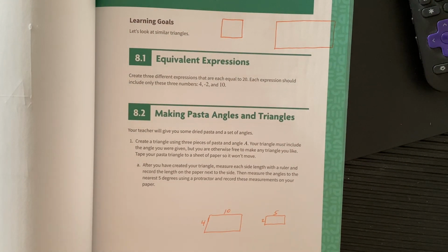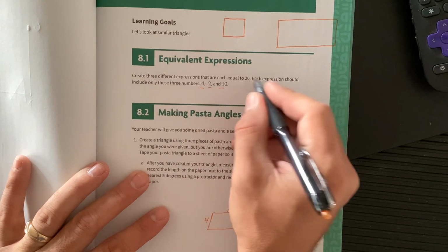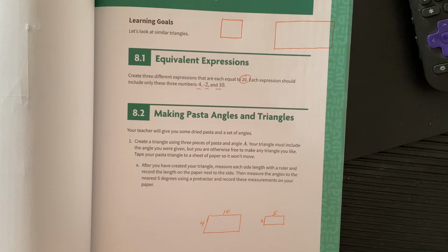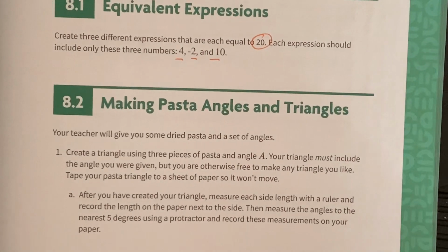All right, 8.1. Again, talking about similar shapes. We're going to concentrate on triangles today. The first question is a review from kind of order of operations. It says, can you use 3 numbers and get an answer of 20? It says we can use 4, -2, and 10. Add, subtract, multiply, divide as you see fit.